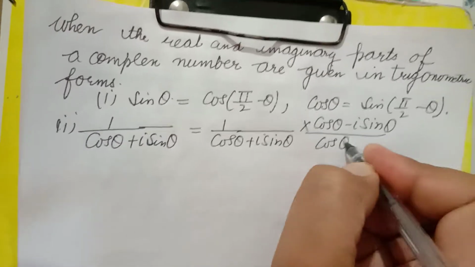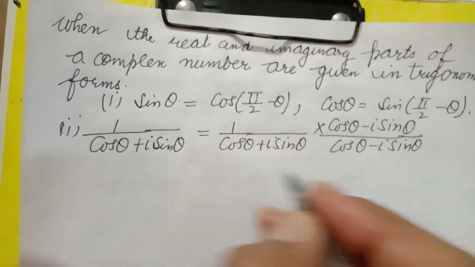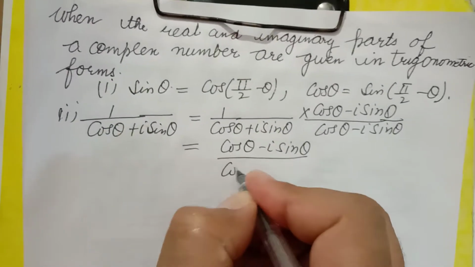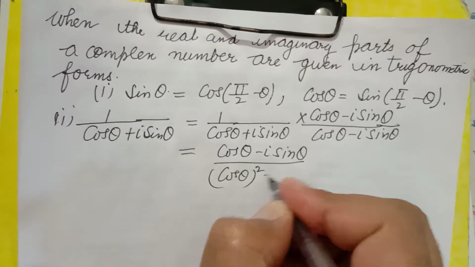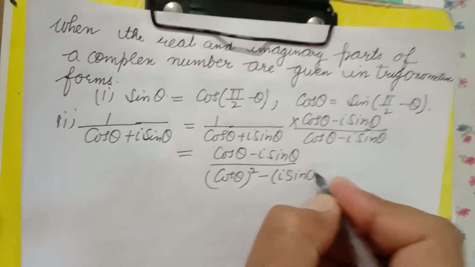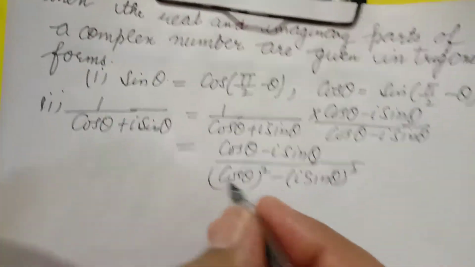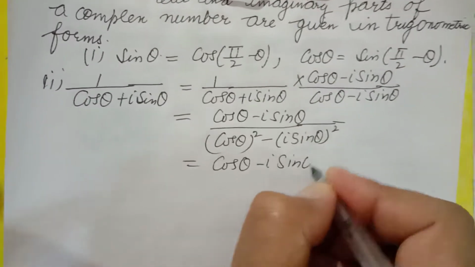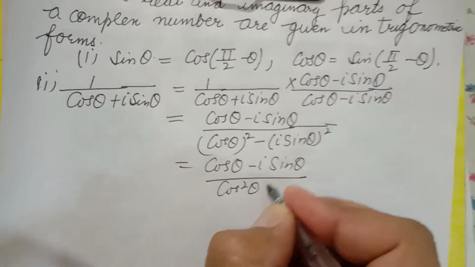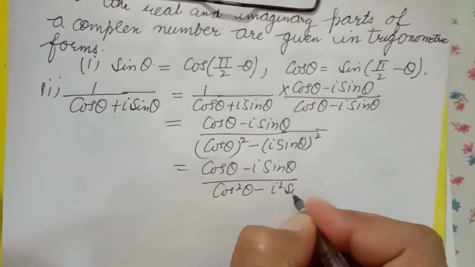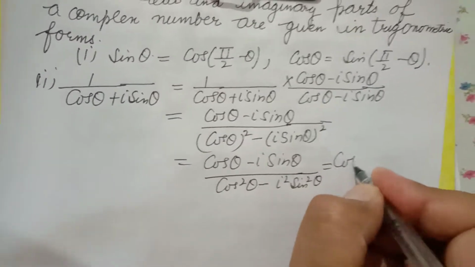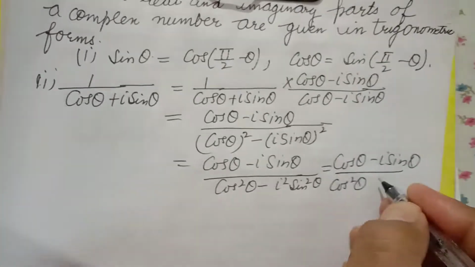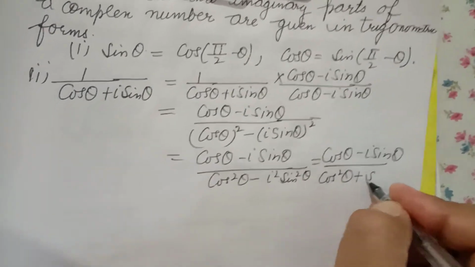It gives cos theta minus iota sine theta over cos square theta minus iota square sine square theta, using the formula. Iota square is minus 1, so it becomes positive sine square theta.